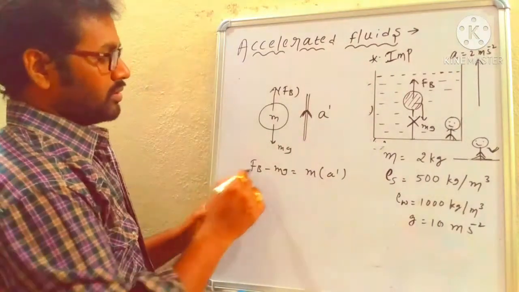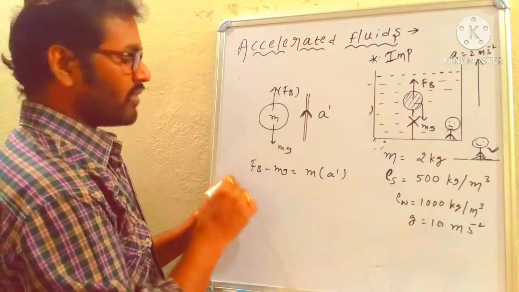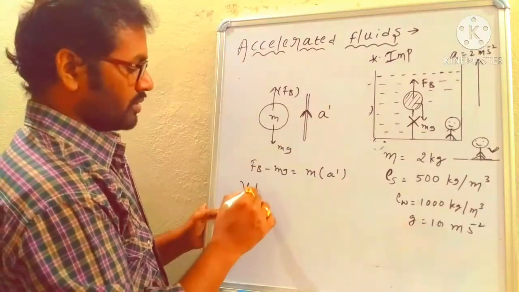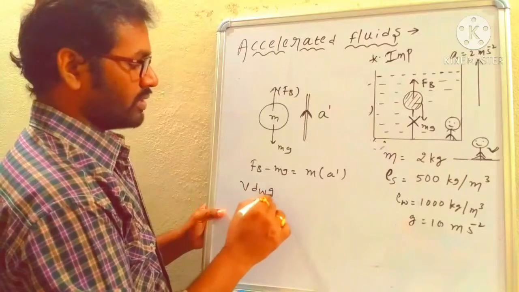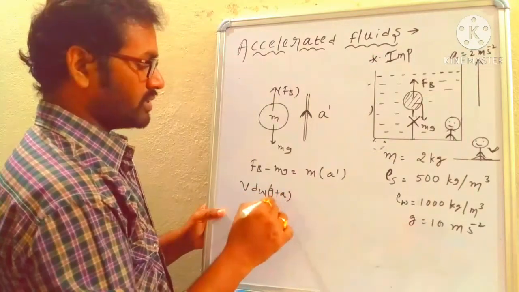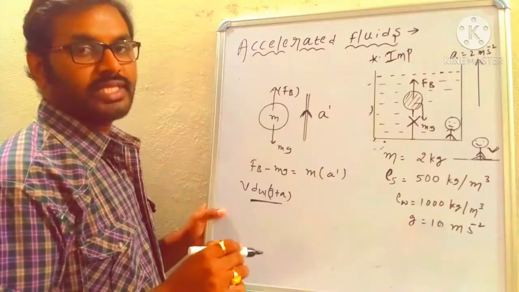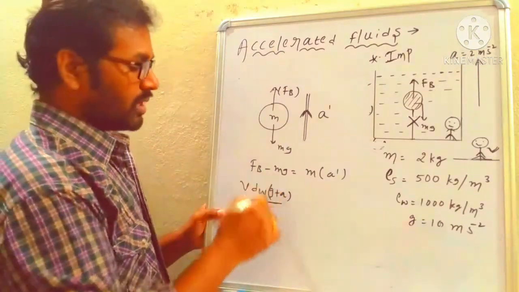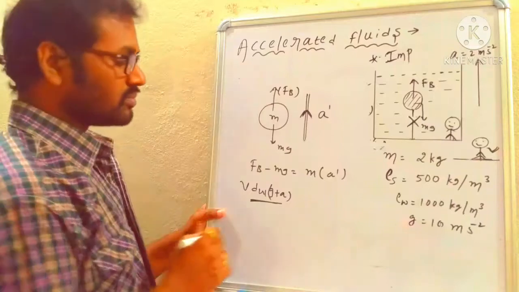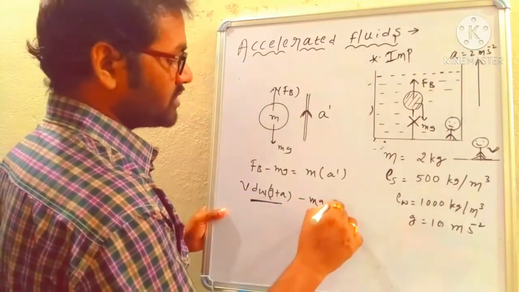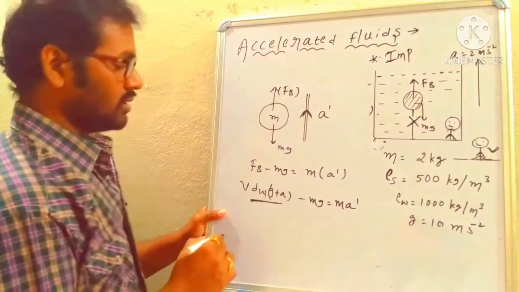Now the buoyancy force comes as the same value which we got earlier. How much we got? Volume, density of water into gravity, g plus the effective gravity. Be careful. We need to take all the time in the buoyancy force equation, in the place of g, must write g plus a in the accelerated frames, minus mg, which is equal to m into a dash.